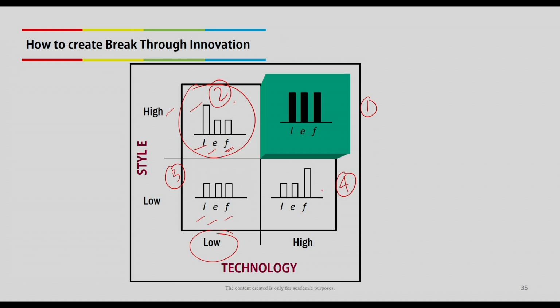In the fourth quadrant, lifestyle impact is low, ergonomics is also low, but functional features are very high. From all these quadrants we have to move to the first quadrant, where lifestyle impact, ergonomics and functional features should all be high, and it should be value driven.